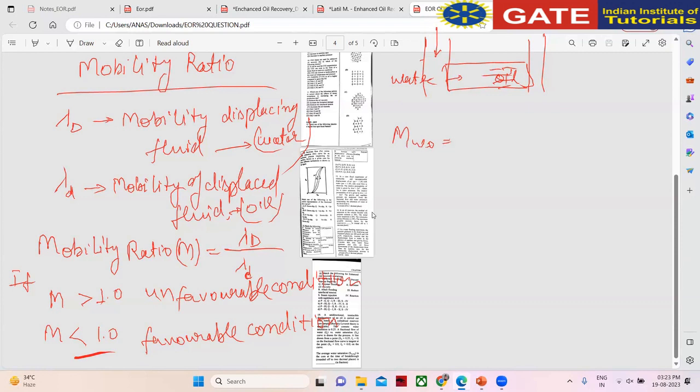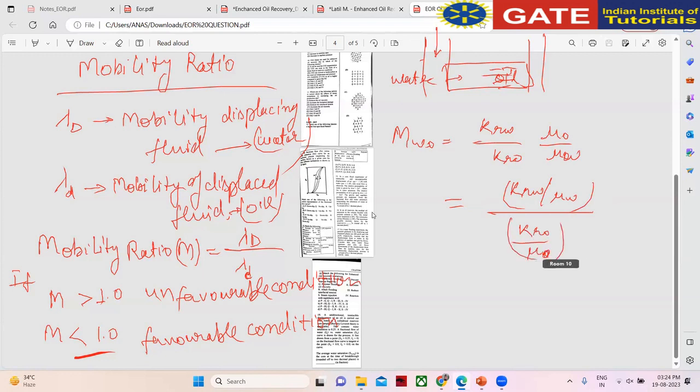For the water flooding process, the mobility ratio M will be represented as KRW by KRO, times mu O divided by mu W. Or you can write that as KRW by mu W divided by KRO divided by mu O. KRW is the relative permeability of water, KRO is the relative permeability of oil.